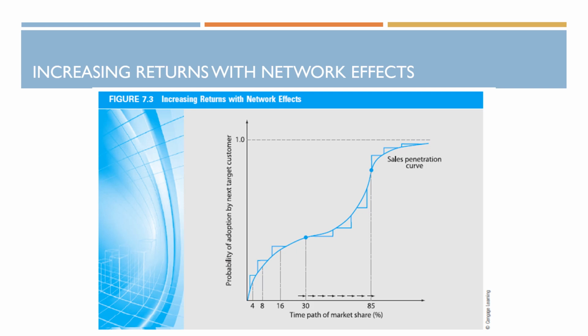Because if they were rising at a decreasing rate, then obviously we would hit marginal returns. But from a market share of, let's say, 30% to 85%, we continue to see adoption increase in the market.